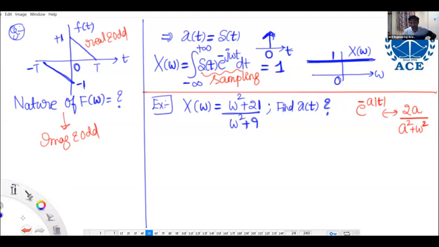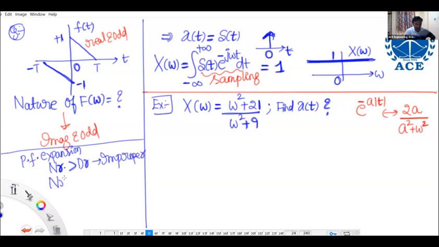First of all, the given spectrum is proper. In partial fraction expansion, if the numerator power is greater than the denominator power, it is called improper.